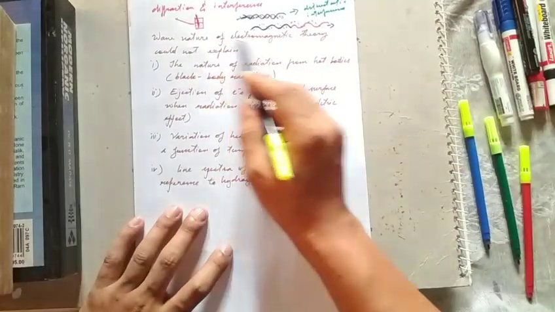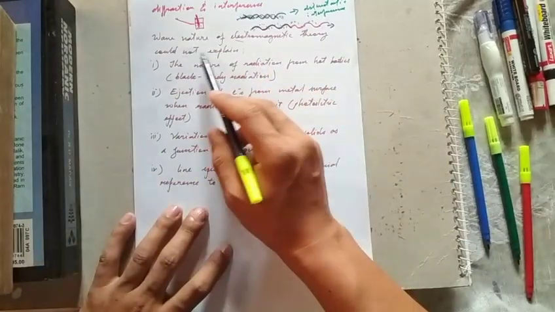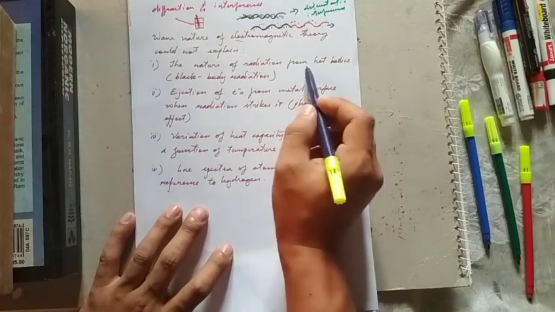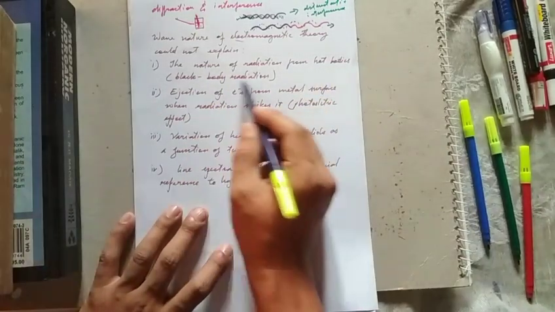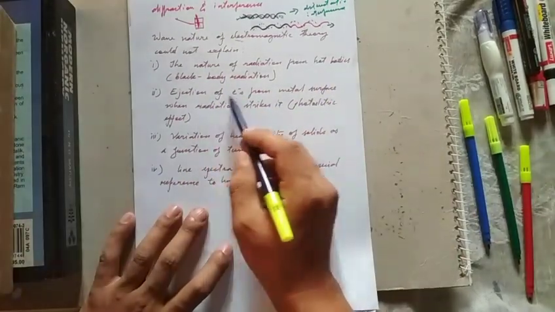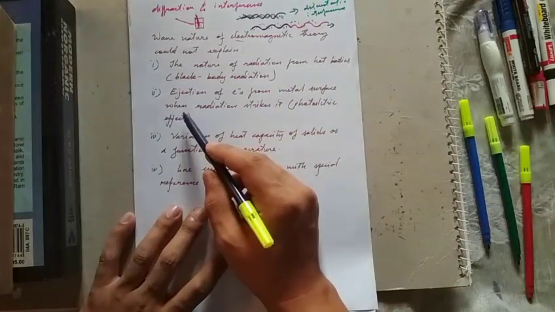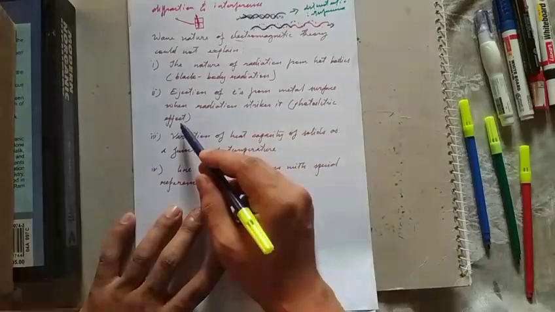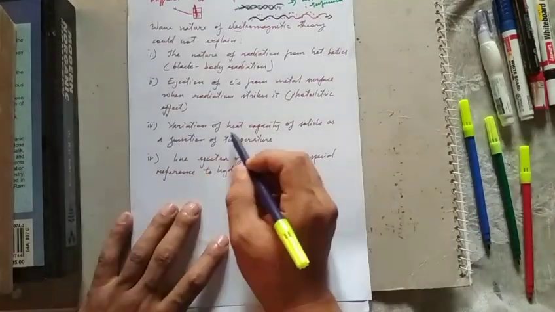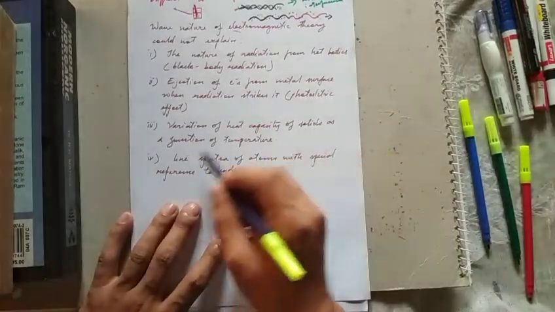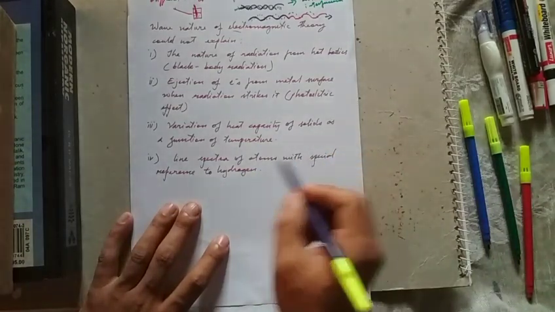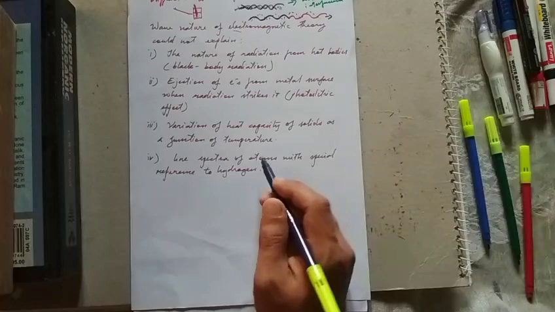However, this wave nature of electromagnetic theory could not explain the nature of radiation from hot bodies, black body radiations, ejection of electrons from a metal surface when radiation strikes it, which we call the photoelectric effect, variation of heat capacity of solids as a function of temperature, and line spectra of atoms with special reference to hydrogen.